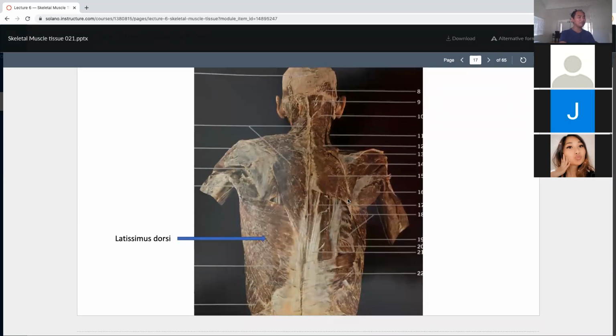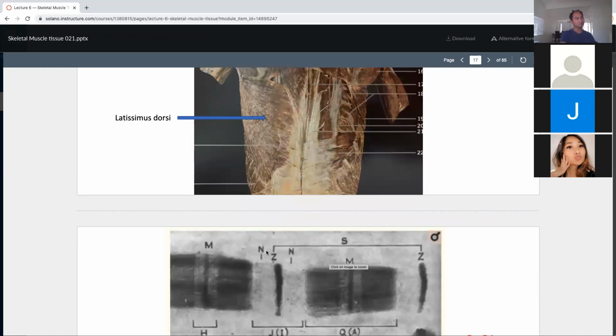And on the back, at the lower part, the big flat sheet of muscle is called latissimus dorsi. Dorsi means in the back, latissimus means large, a big muscle in the back. And the upper triangular muscle up here in the back is the trapezius, the trapezius and the latissimus dorsi.